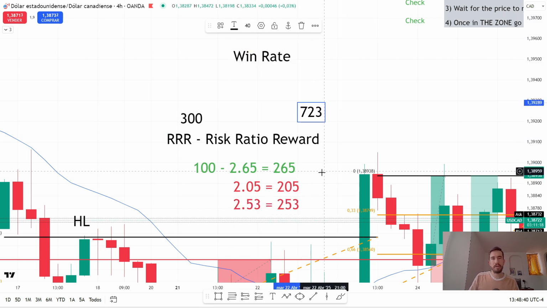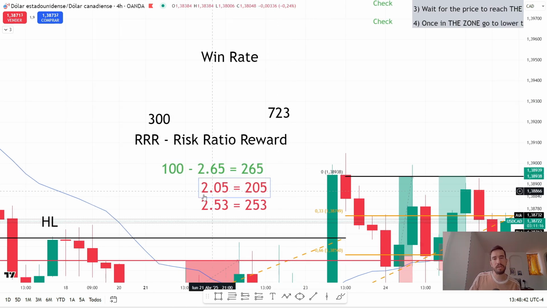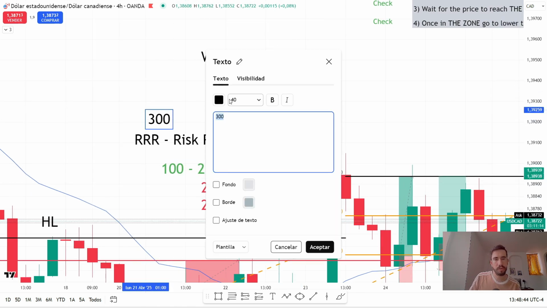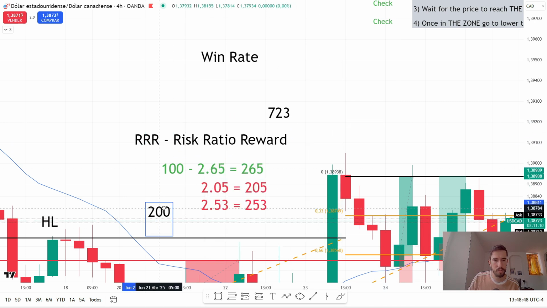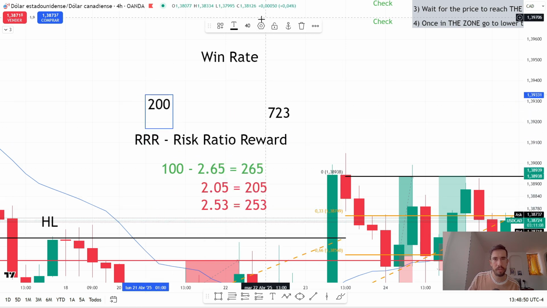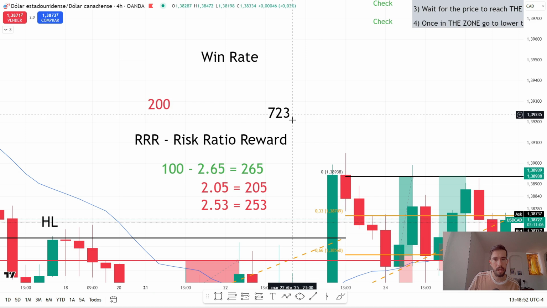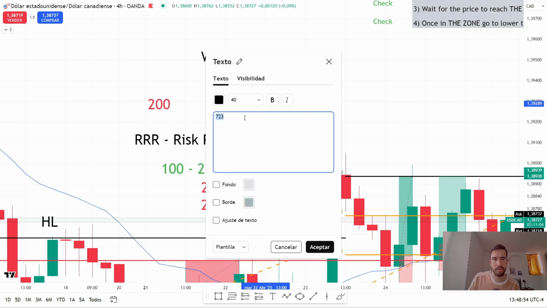If that's the scenario, let's say you win the first one and you lose the other 2, you have 200 negative here. Yes, because you lose these 2, so 200 on red, and you have 265 on win.